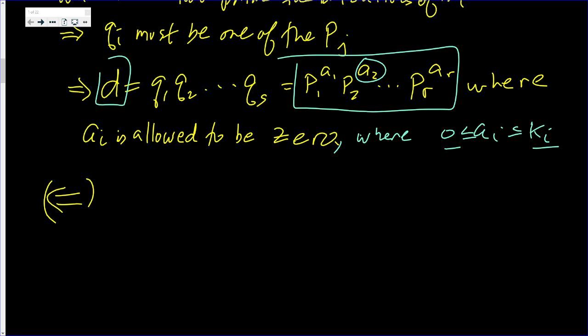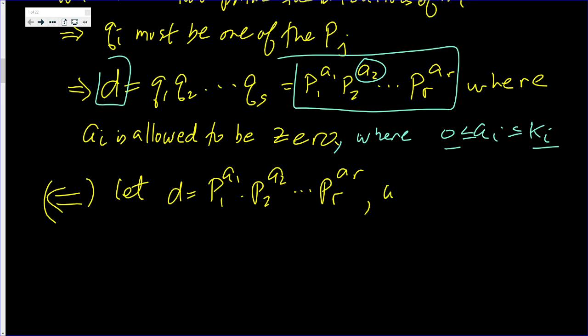Here we want to show that D turns out to be a divisor of N. Okay. Let D equal P1 to the A1 times P2 to the A2 up to PR to the A sub R. Of course, where A sub I is in between 0 and K sub I for each I. Okay, so now what does this tell us?